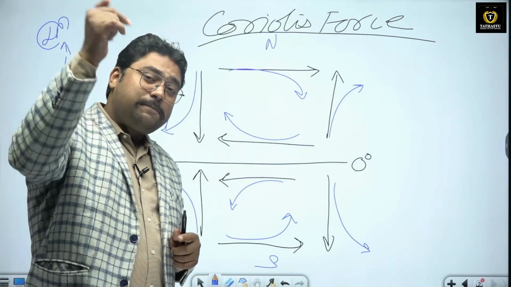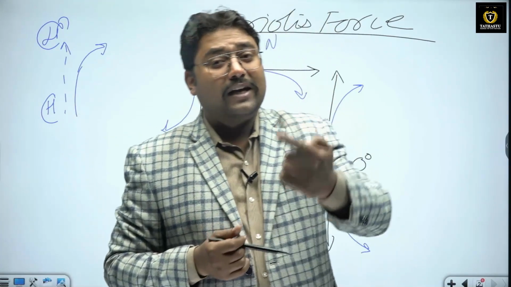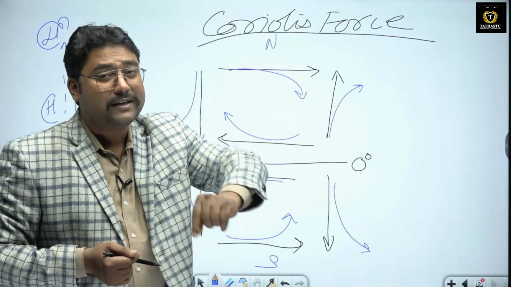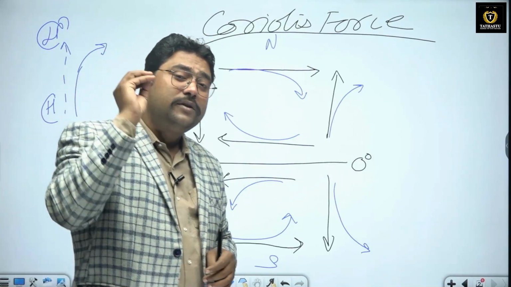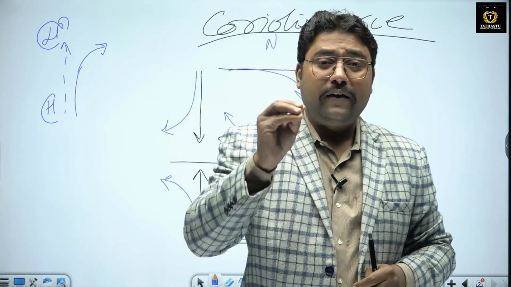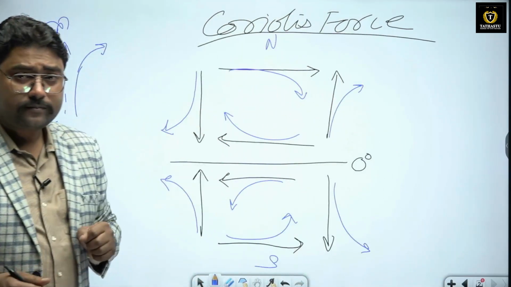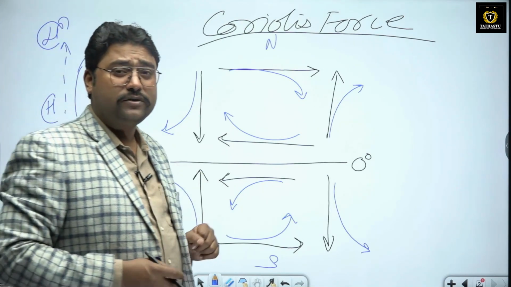And if the speed of the object is less, the deflection of the object, or the application of Coriolis force over that object, will be less. It means speed also determines the deflection of the object. So these are a few parameters of Coriolis force.